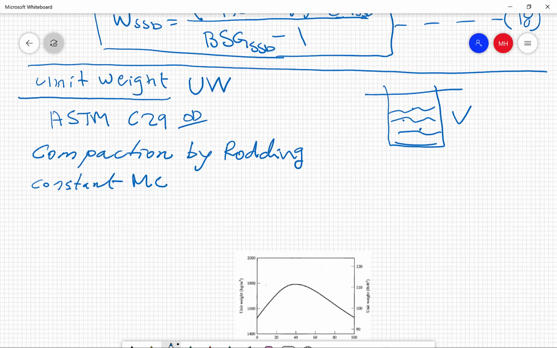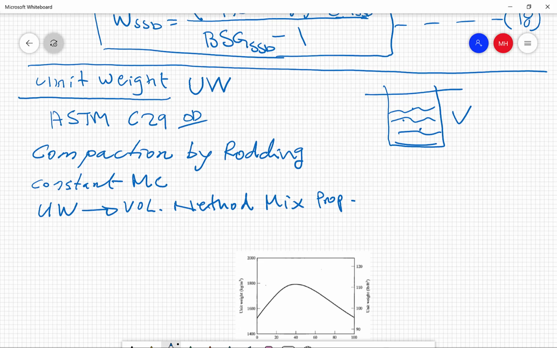So that's basically why we need it. You need to know this unit weight if we're doing the mix proportion by volume.